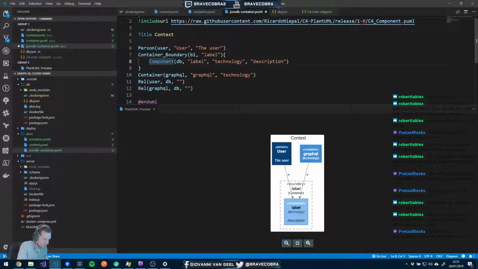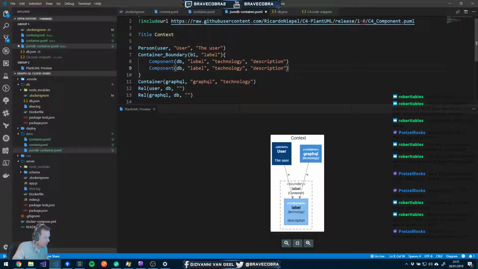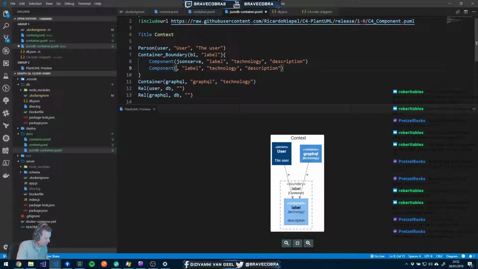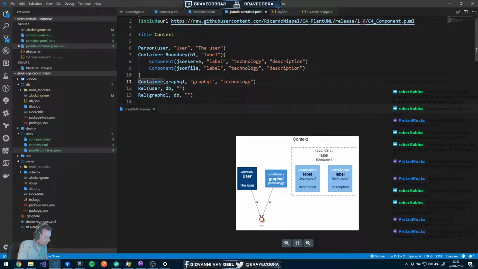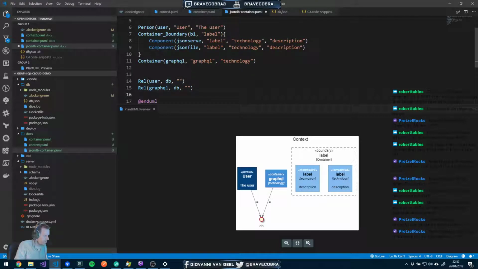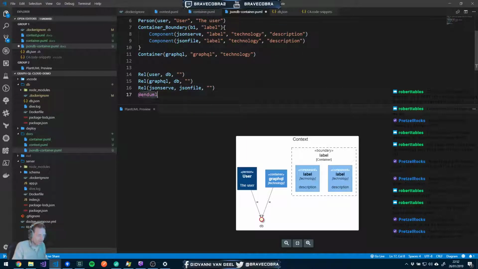But this one consists of two components, which is either the JSON server one, and the other one is going to be the JSON file, right? And we have a relationship, oops, not inserts, between the JSON server, which is using the JSON file, like that.